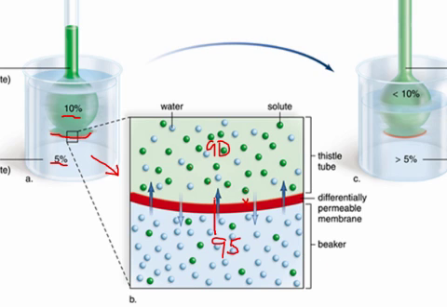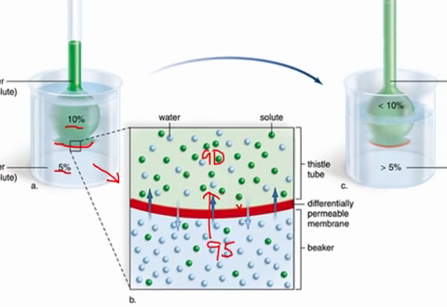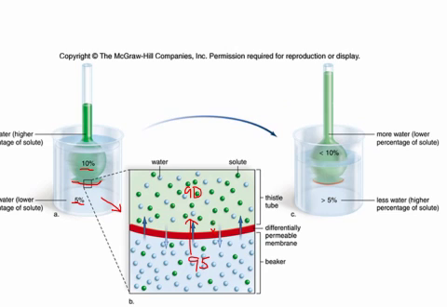And so the net movement of water in this diagram is going to be from the beaker across the membrane and into the thistle tube. So if you look at the diagram on the right hand side, you can see that the fluid level inside that thistle tube has increased. That is because water is crossing the membrane by osmosis and raising the level of the solution in the thistle tube.